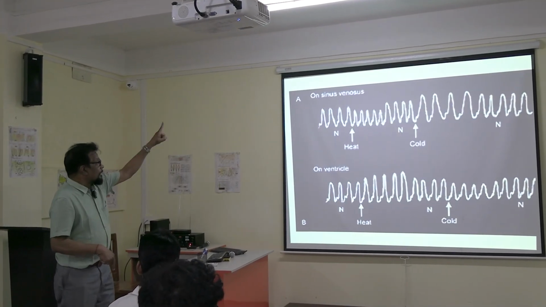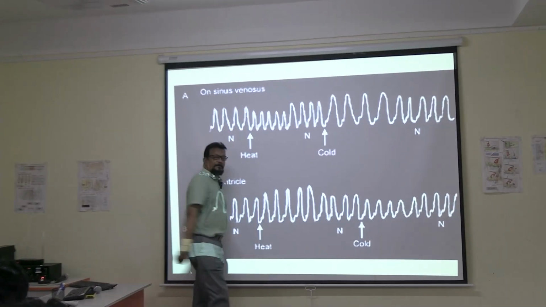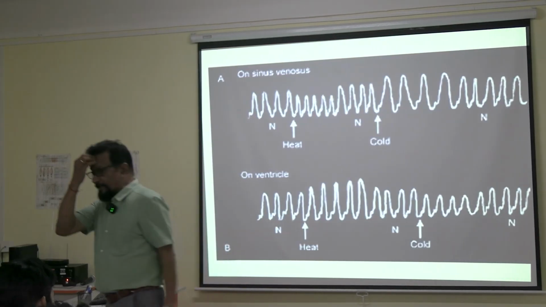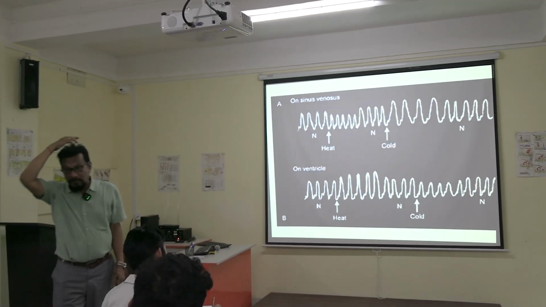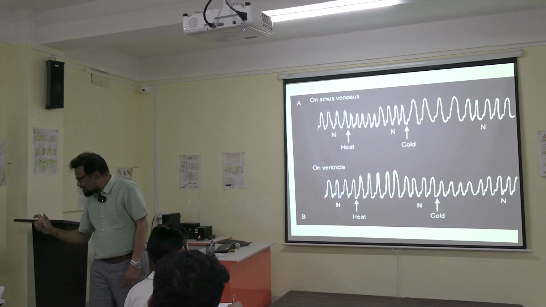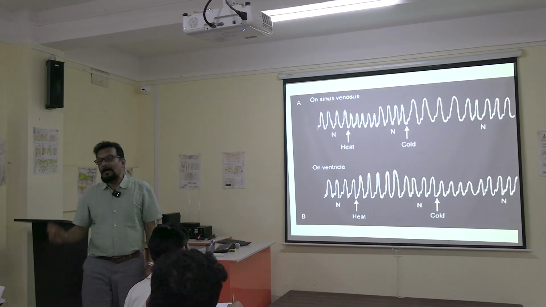These waves are because of contraction of the atrial or ventricular muscles, so they demonstrate the contractility of the muscles. And automaticity and rhythmicity are also demonstrated by these heartbeats.